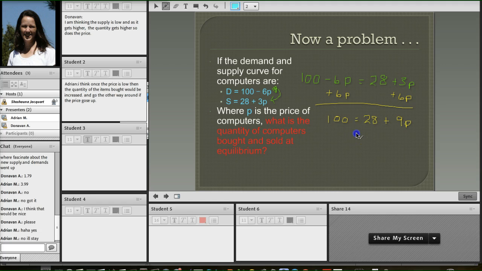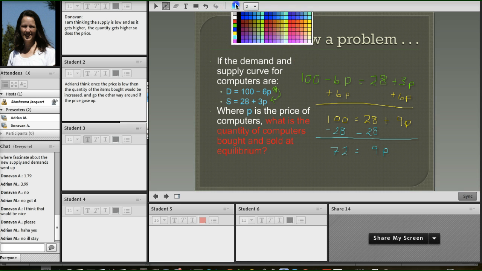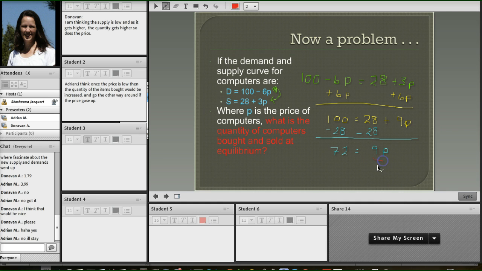And then we're going to subtract 28 from both sides. And this gives us 72 equals 9p. And then you do the final step. Divide both sides by 9. And so p equals 8.